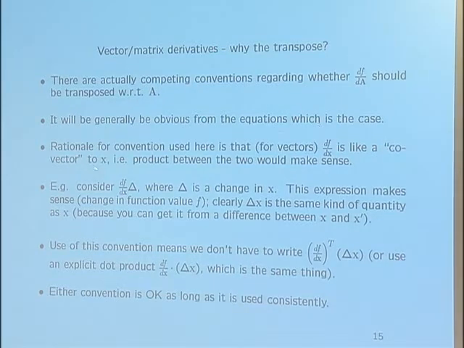It's like a covector to x in the sense that a multiplication of the two would make sense dimensionally. It relates to the notion of coordinates and whether, if you change the coordinates you're working in, things will still make sense. Covectors are things where, if you change the coordinates, the product between a covector and a vector is always going to stay the same.